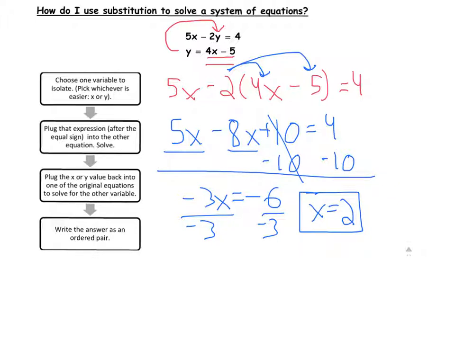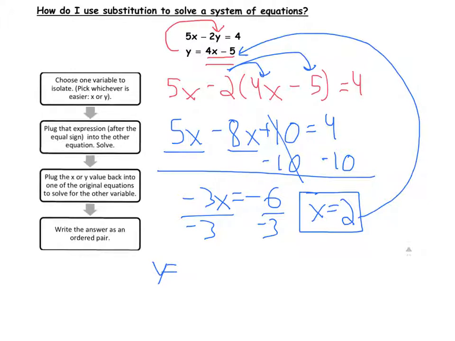So now we have to substitute again. Let's take our value of x, and we can go ahead and plug it into what y equals. That second equation tells us what y equals. It's 4x minus 5. Well, now I know what x is. X is 2. So let's plug in that value.